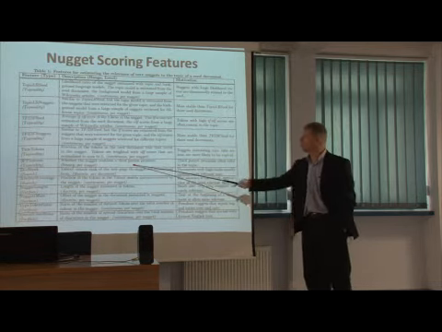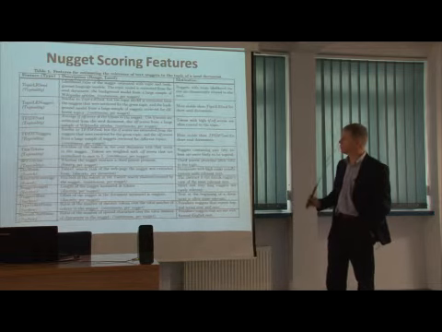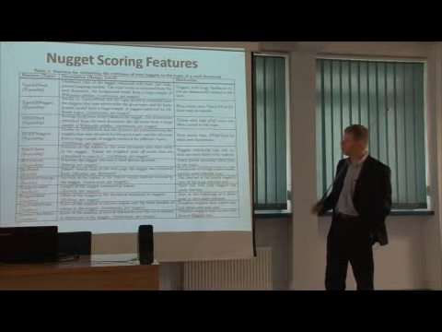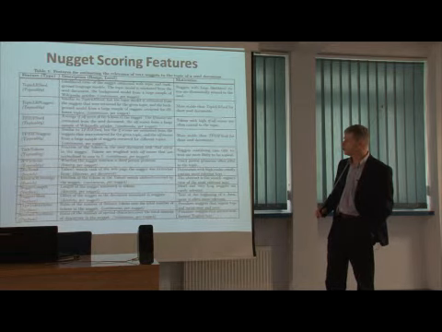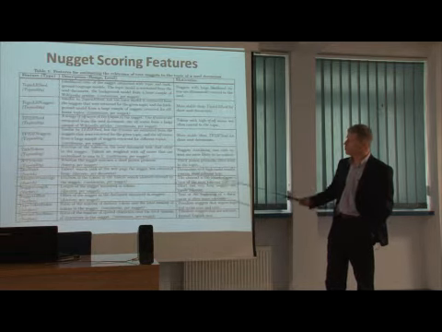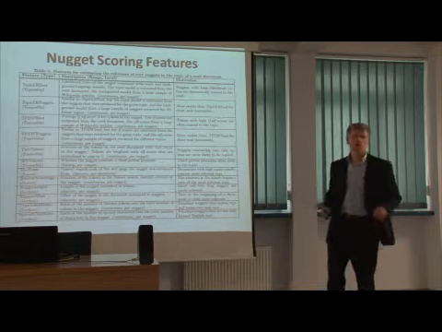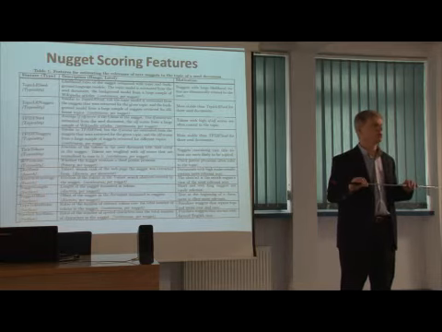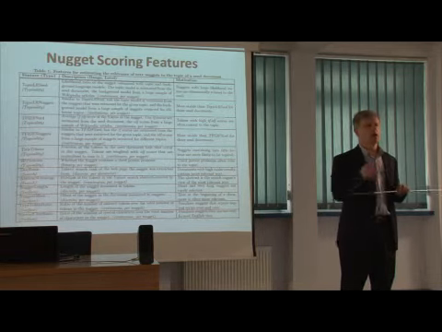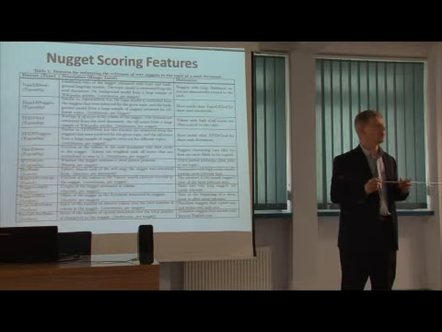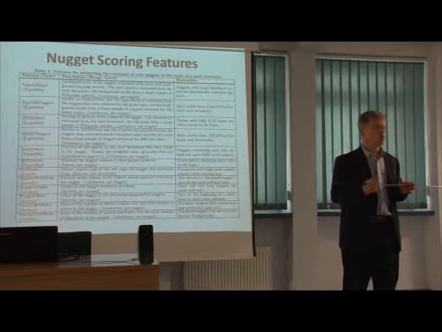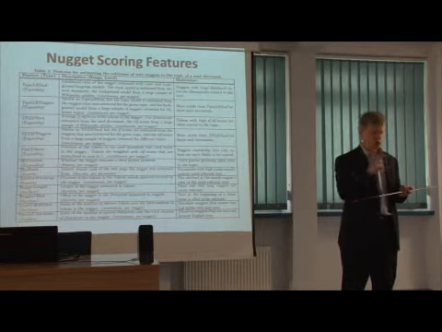Pronouns: the existence of third person pronouns was somewhat predictive of the quality of nuggets. The position in search: we were getting our nuggets by going to Yahoo through their interface and getting about, I think, 1,000 URLs per query. After that, we would use wget or curl to get the actual data.